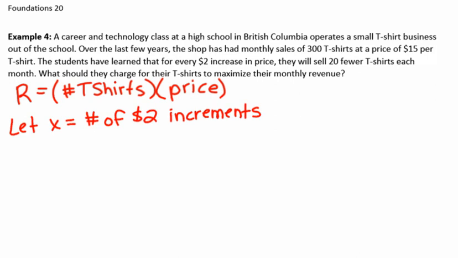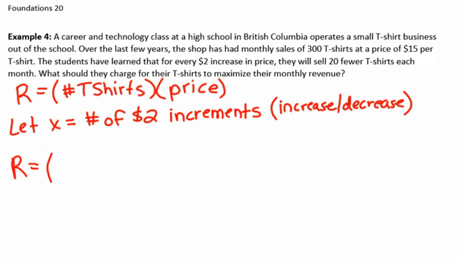Whether that's going to be a positive or a minus, right? I could increase or decrease by $2 each time. So back to our revenue equation: revenue equals, the number of t-shirts can be represented by 300 minus 20 each time we decide to go up or down by $2.